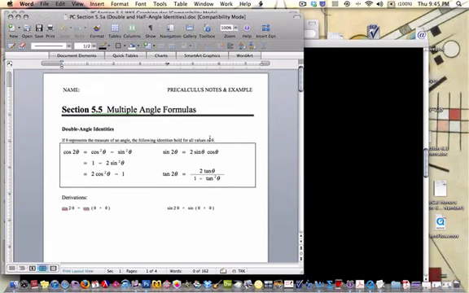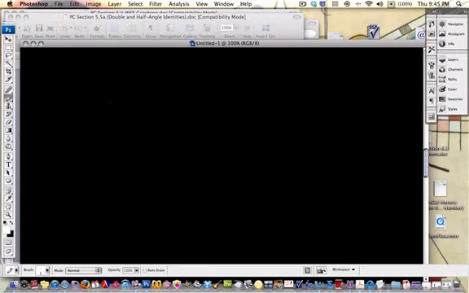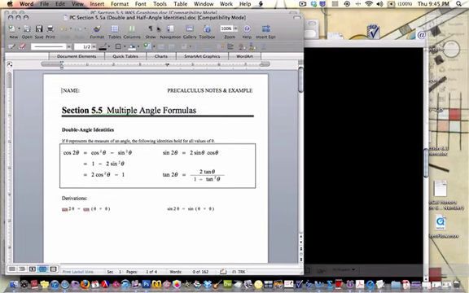What they're telling us to do is take one of these double angle identities, and specifically we're going to take the one where cosine 2 theta equals 1 minus 2 sine squared theta.